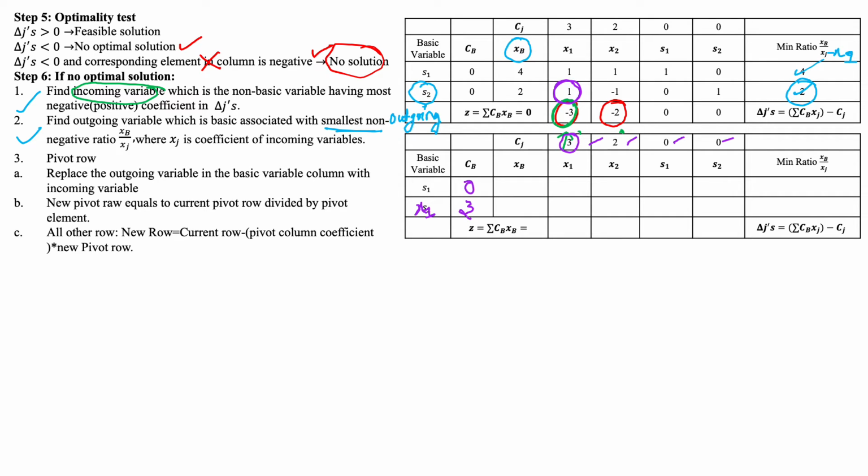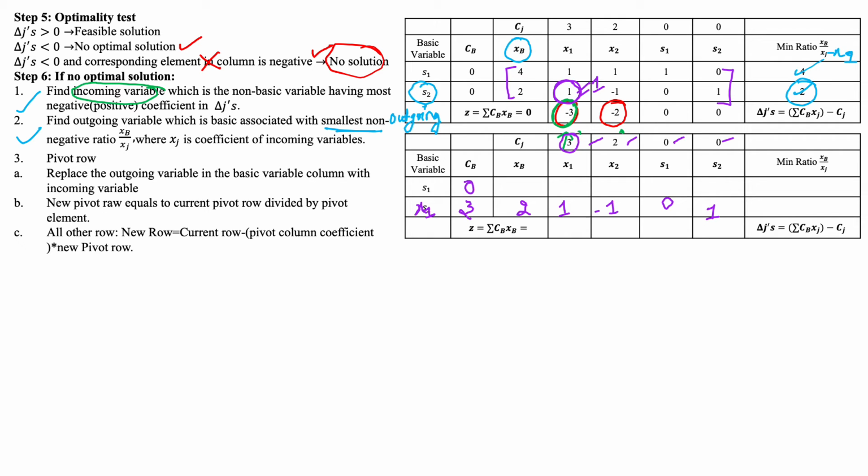Now this whole row will change depending upon my pivot element. This is 1, so I don't have to make it 1. It's already 1. If suppose it were 4, then I would have to divide the whole row by 4. But since it's 1 itself, this element will become 1, and the remaining whole row will remain the same in my new table.